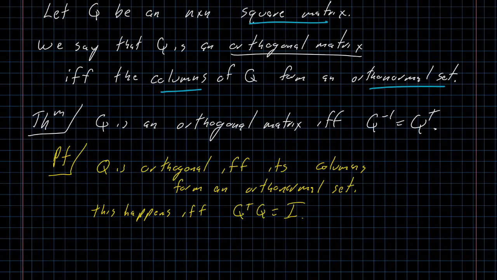Q is orthogonal if and only if its columns form an orthonormal set, and we just proved that a matrix has columns that form an orthonormal set if and only if Q transpose times Q is the identity matrix I.